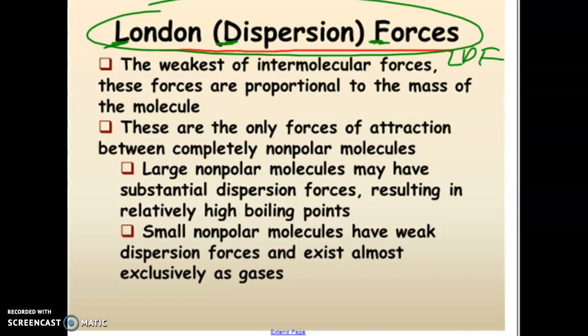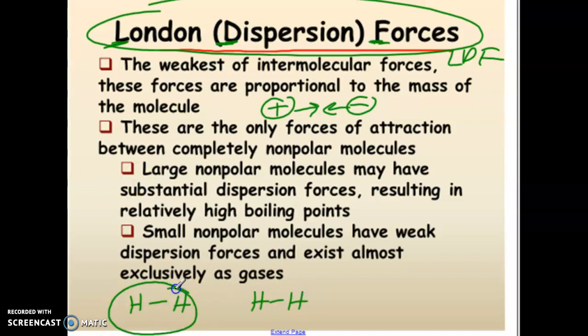Essentially, what this is discussing is that protons and electrons have opposite charges, right? So we know protons are positive and electrons are negative, right? So opposites attract. So when you have two molecules, let's say I have two little hydrogen molecules here.